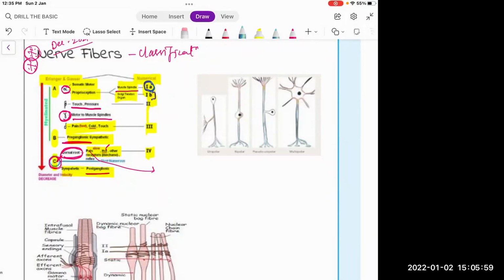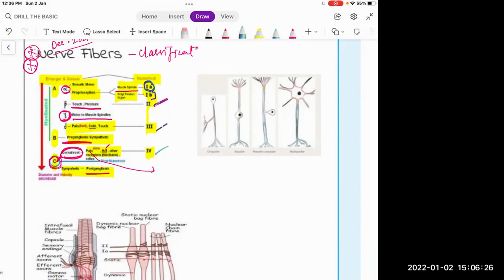A beta fibers for touch and pressure are type 2 fibers. Then A delta, the fast pain sensation, is type 3 fibers. And C fibers, for slow pain and hot sensation, are type 4 fibers.